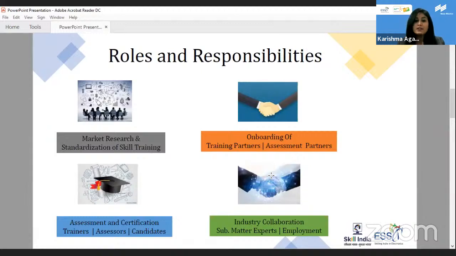We are the apex body for assessment and certification for trainers, assessors and candidates. We are strongly doing industry collaboration, because in each of our activities we need inputs from the industry, starting from market research to employment. So for us, industry collaboration is very important.